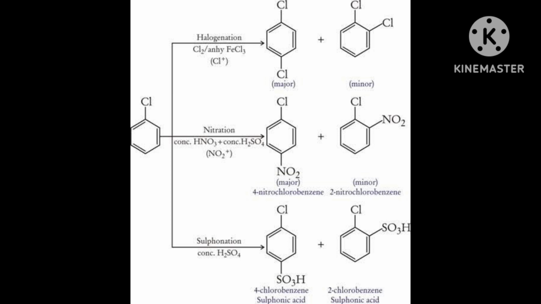It is at ortho and para that there is negative charge, as you have seen. In the meta position no electron was there. Hence the presence of an electron withdrawing group at the meta position will not affect the reaction. No effect on reactivity of haloarenes is observed.